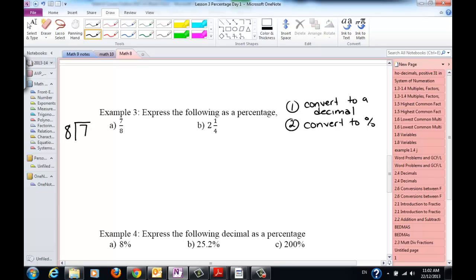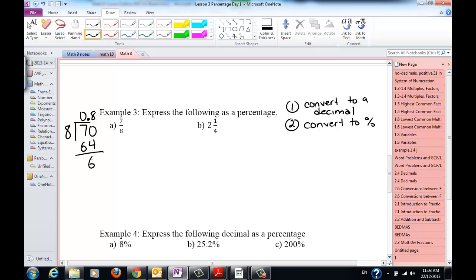Well, 7 doesn't go into 8, so I'll put my decimal down, I'm going to pull in a 0 there, and we can get pretty close to 70, but not quite. 8 times 8 is 64. We have 6 as a remainder.